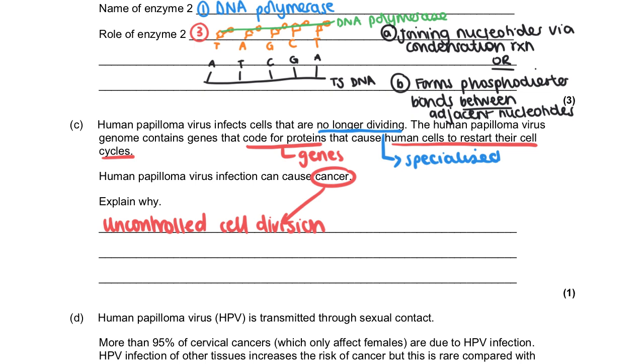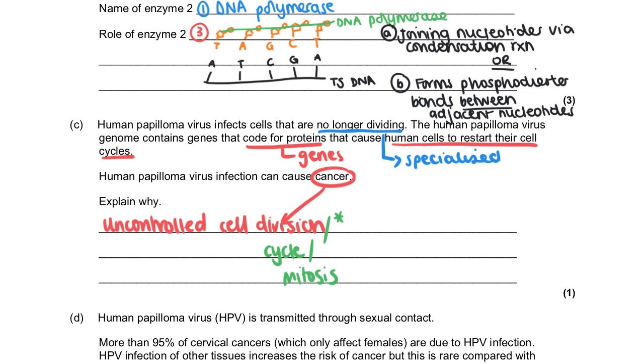You haven't done anything to it. So actually, in this case, that is all you need for the answer. You could have said uncontrolled cell cycle, uncontrolled cell division, I'll put here cycle, division, or uncontrolled cell mitosis. The important thing here is that it is uncontrolled. Okay, that is the key part of this mark.